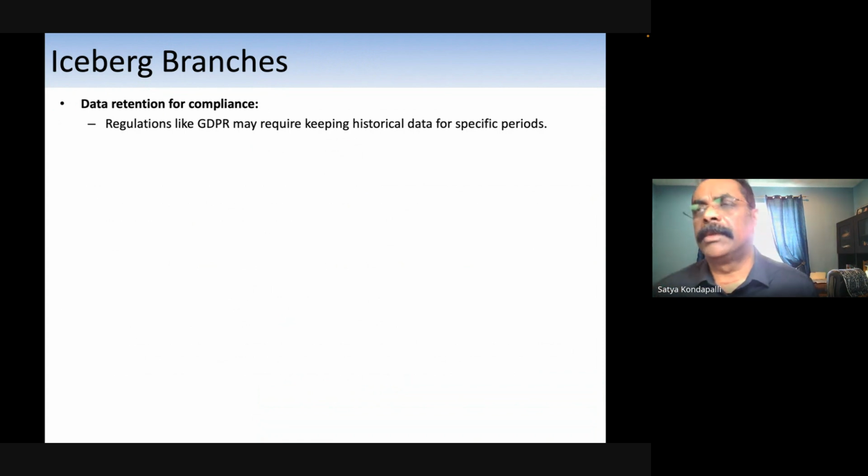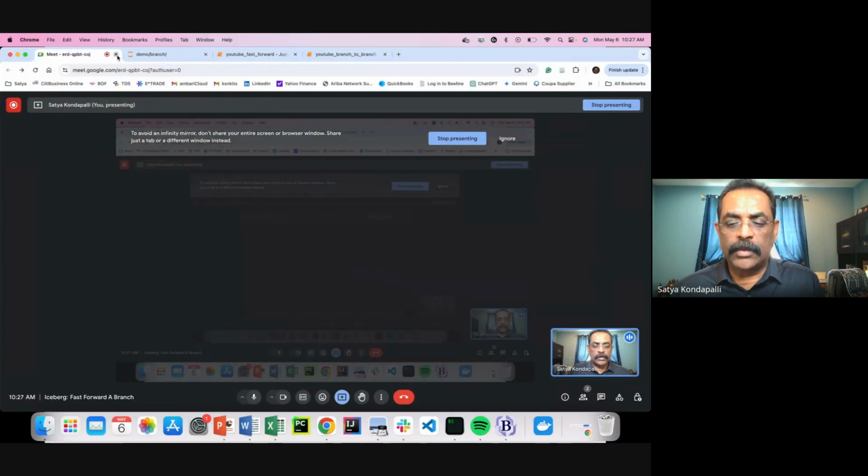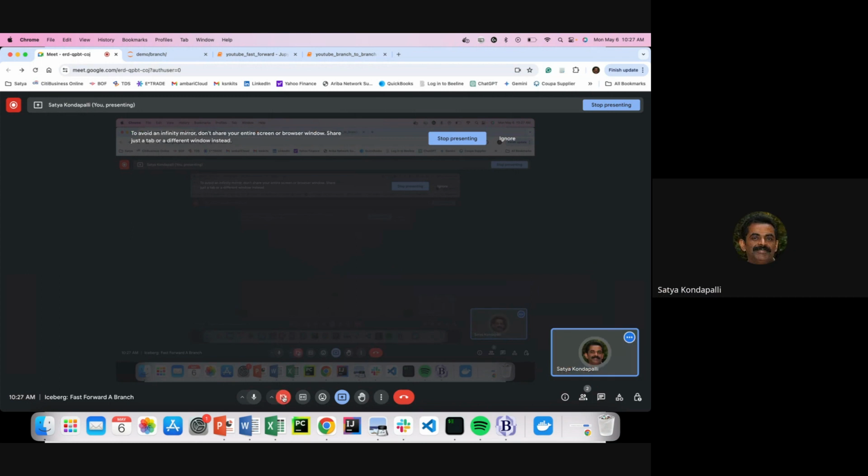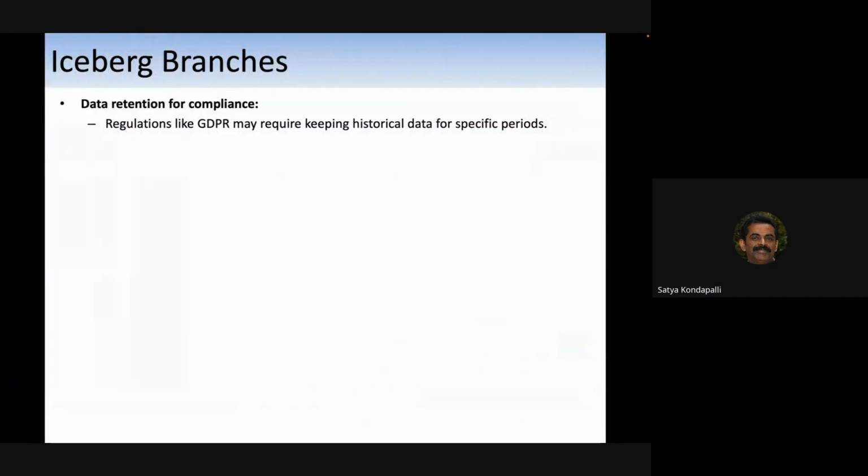Then sometimes we update data and delete data or make modifications, right? We want to keep that information, and we don't want to expire those changes, right? Because for audit purposes, let's say you made some regulatory updates on our tables.